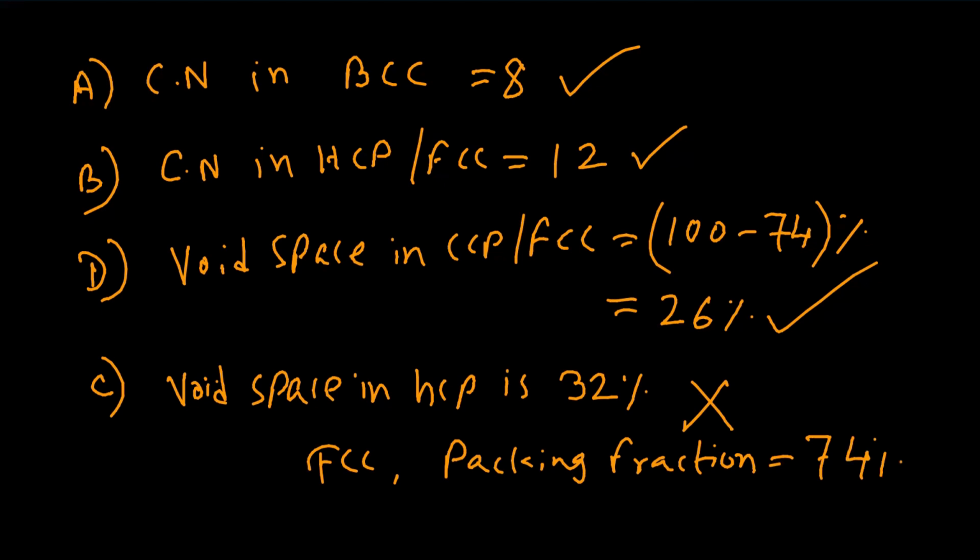And we have just solved that the amount of void space or empty space that is present in a FCC or CCP or HCP unit cell is 26. So 32 cannot be the answer. So the incorrect statement for this question is option C.